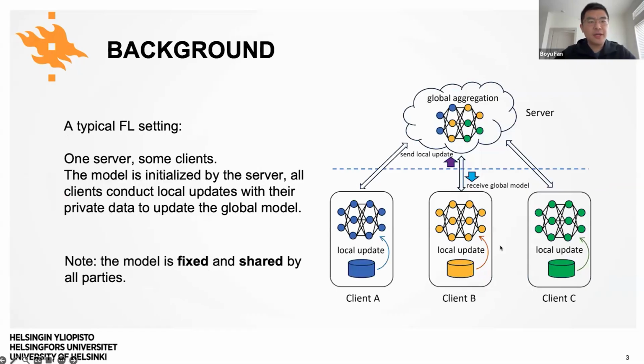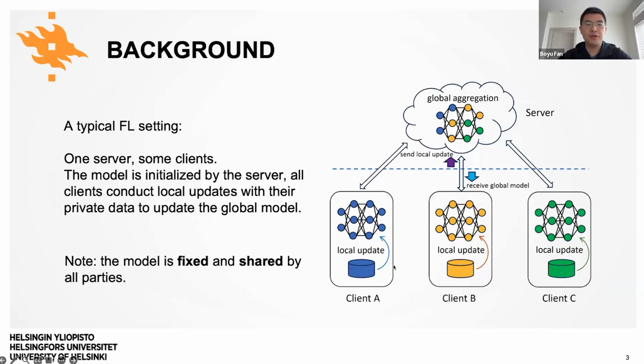So first, let's start. I assume that everyone here is very familiar with what FL is, and we just repeat it as an introduction to what we are going to talk about. In FL, we have one server and some clients, and the model is always initialized by the server. The clients conduct a local update with their private data to update the global model.